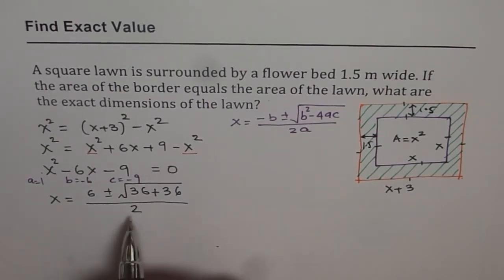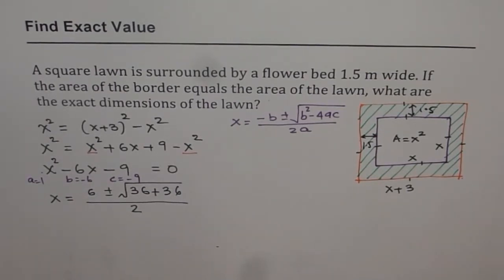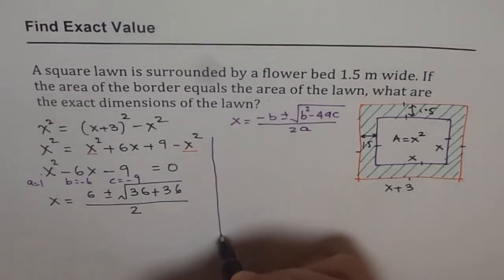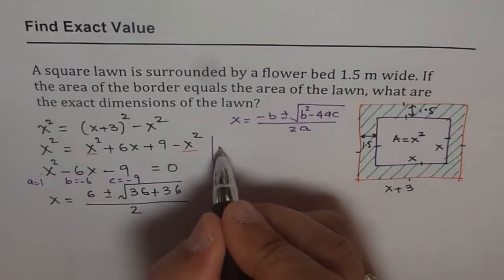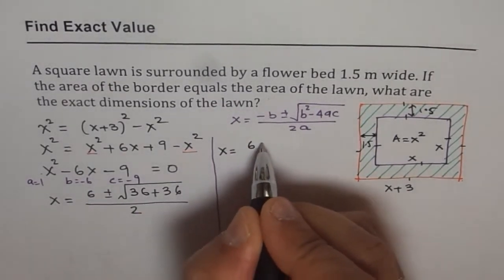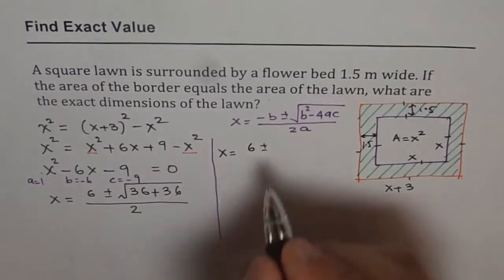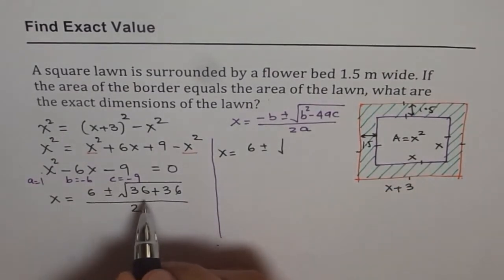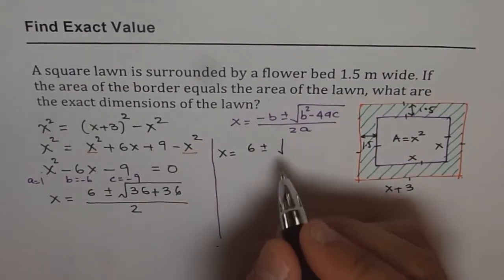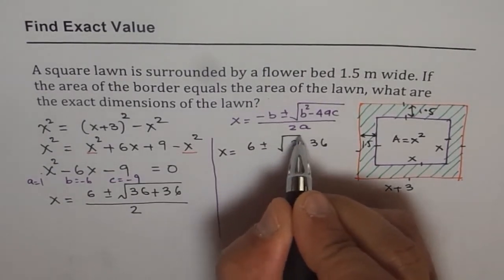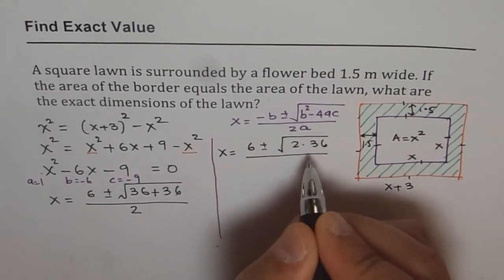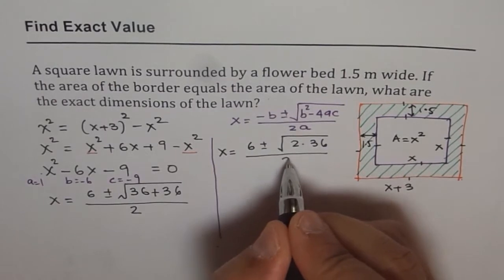So now let's solve this. What I really want to show you is how to simplify this in exact values. So we have x equals 6 plus or minus the square root of 36 plus 36. You could write 72, or you can write 2 times 36. It is better to write 2 times 36, since 36 is a perfect square, right?